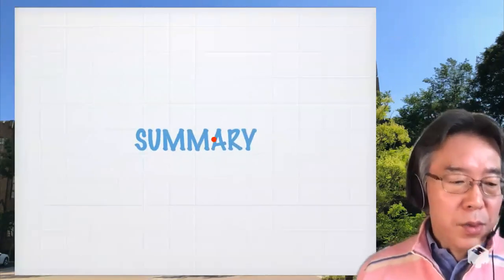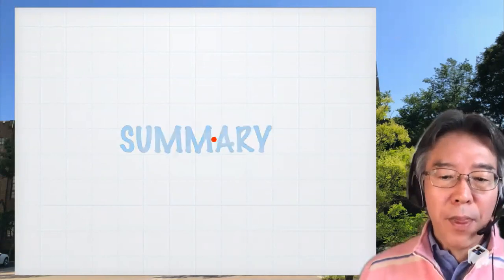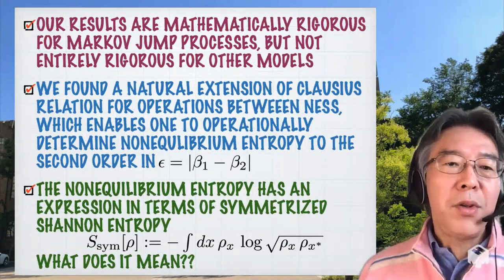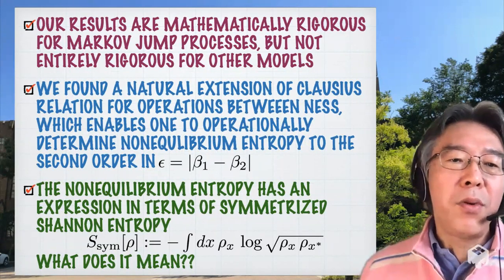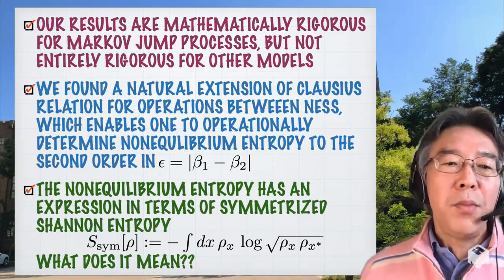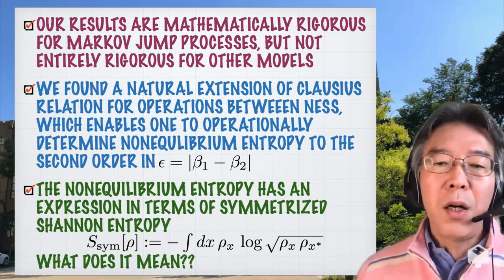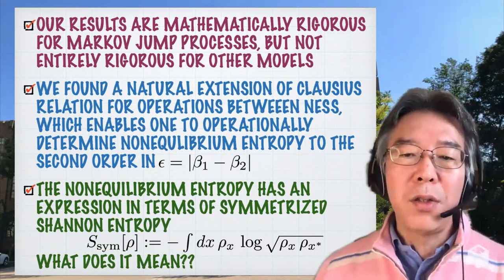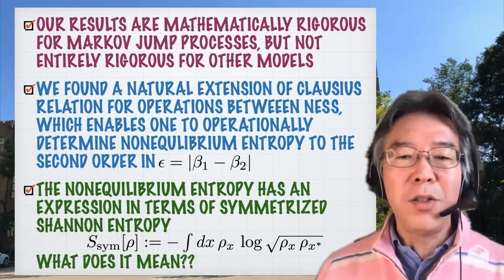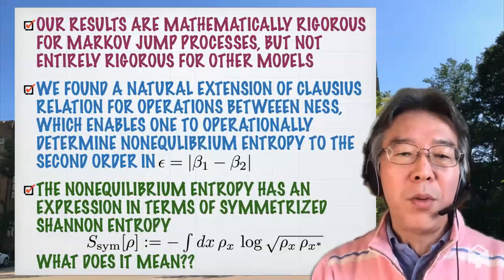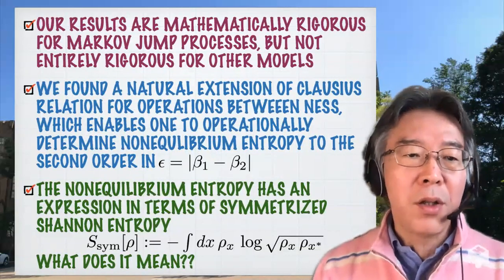So here comes my summary. First of all, I have to note that our results are mathematically rigorous for Markov jump processes. But for other things like Langevin dynamics, our results are not entirely rigorous. It's almost nice from a theoretical physics point of view, but from a mathematical point of view, they are still not rigorous.